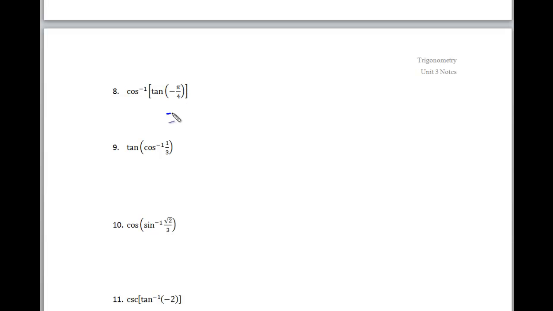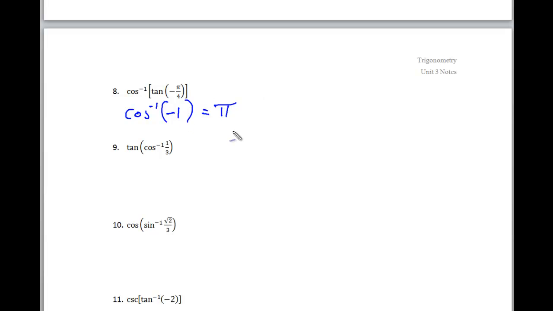What is that tangent value? It's negative 1. So what is the inverse cosine of negative 1, which means what is the angle measurement when cosine is negative 1? And you can see that would be pi. So that gives you your answer there.